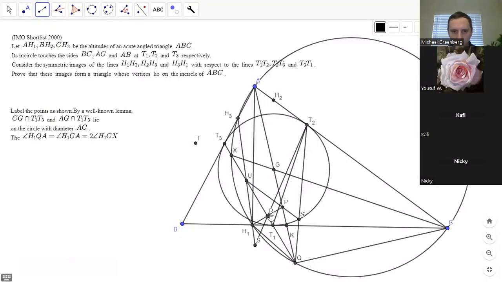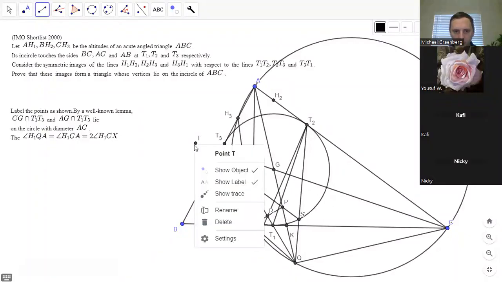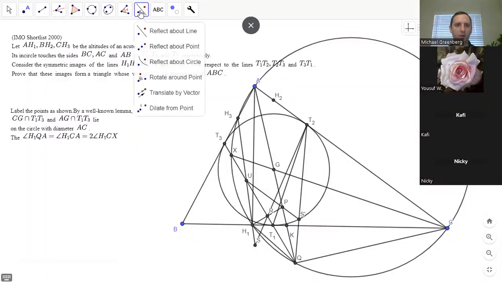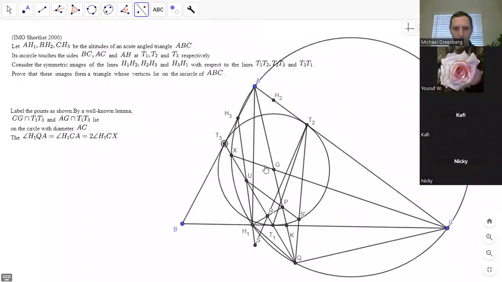Can you draw the reflection of T3 with respect to CG? Yeah, so we need to prove that P lies on S prime and V.